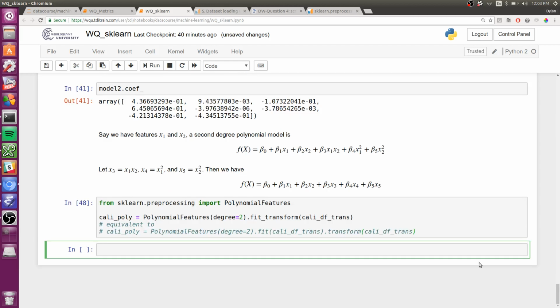So we can take these polynomial features and again fit a linear model.